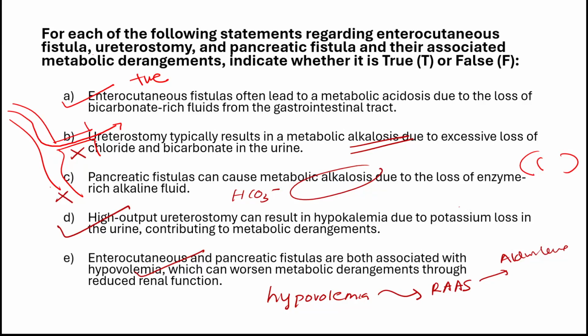So the hypokalemia would be very extravagant, and it will pose a larger numerical value than it's supposed to be. So this is what aldosterone does. This is known as the volume contraction phenomenon. Right. So this is a true statement.